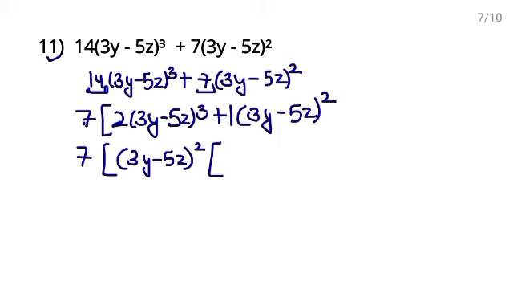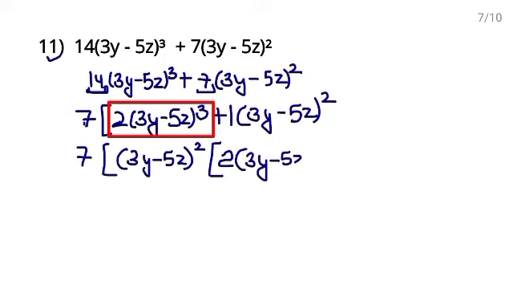Now in the bracket, in this term we have 2, and we have already taken power 2 as the common factor, so 1 power is still remaining. So write it here, 3y minus 5z plus this (3y minus 5z) raised to the power 2 we already have taken as the common factor, so we just have 1 here, right?